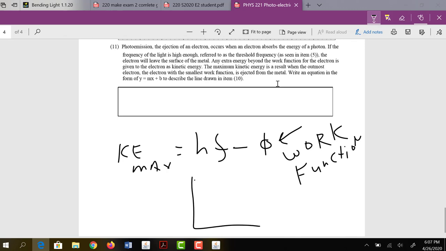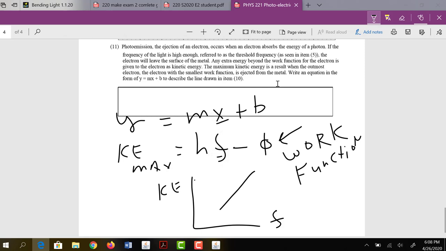Okay, so what you're going to do is make a graph of, on this axis the frequency, on this axis the maximum kinetic energy, and you're going to get some kind of a line. So this is already in slope-intercept form. Y equals mx plus b, right? Because you've plotted the frequency on the horizontal axis, which you usually call x.